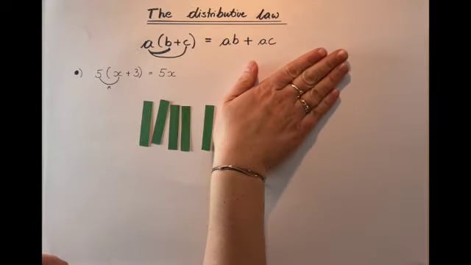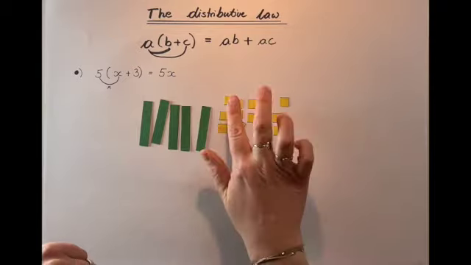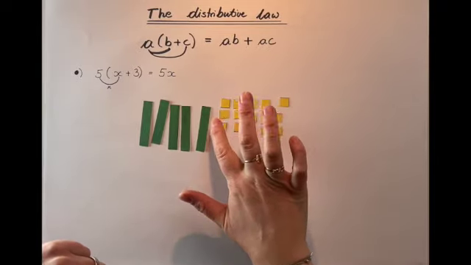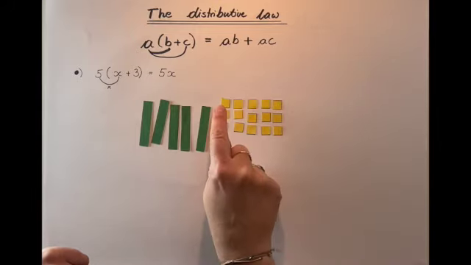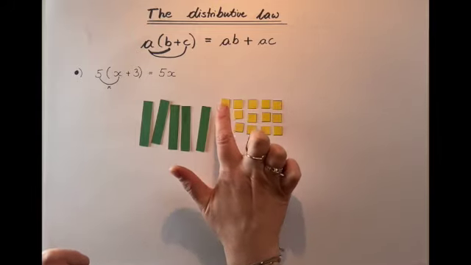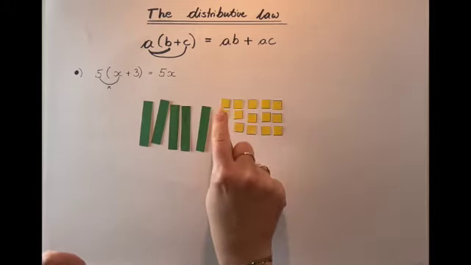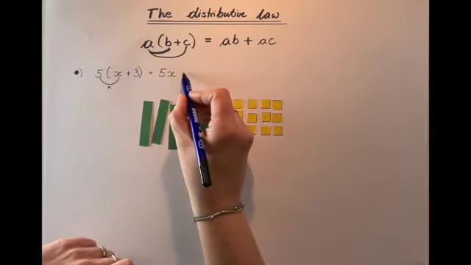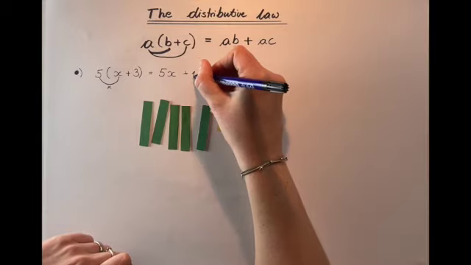And then I've got, I wanted them to stay in groups of 3 to make it easier. So we have 5 lots of 3 units. 5 times 3 gives us 15.